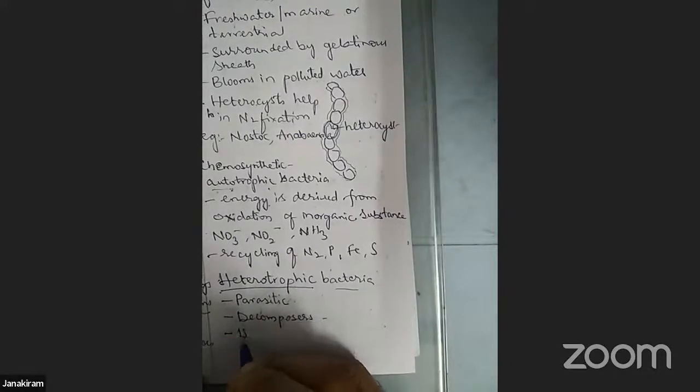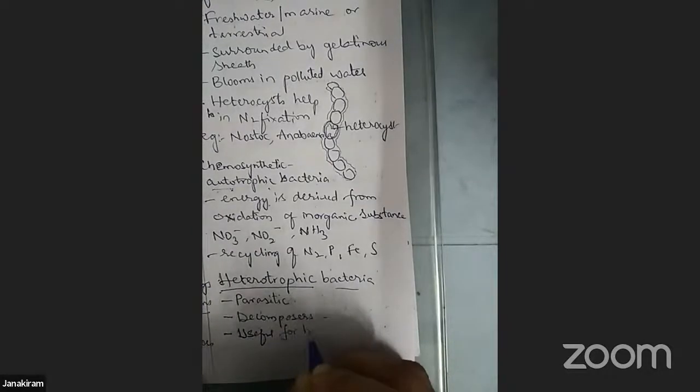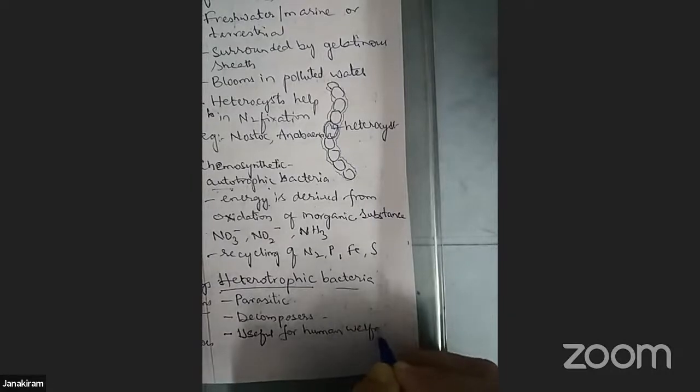Some bacteria are useful in daily household activities, that is making of curd from milk, which is done by Lactobacillus. In industry, some of them are useful in the production of antibiotics, and some are useful in nitrogen fixation, like Rhizobium, in legume plants, that is in the Leguminosae, Fabaceae family members.